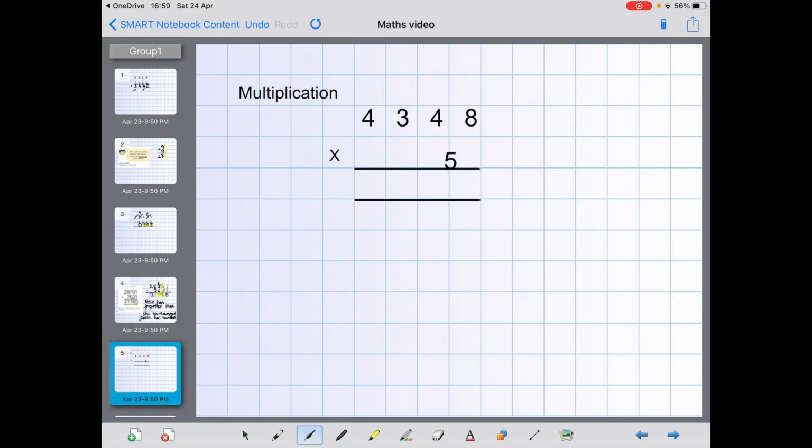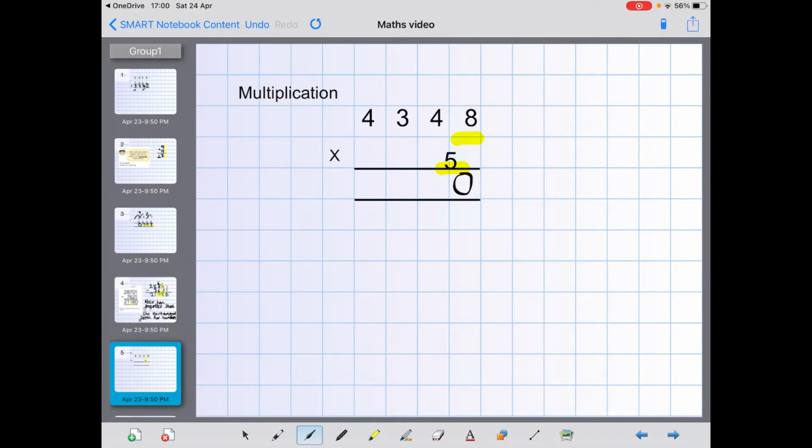So, in order to begin this, similarly to addition and subtraction, when multiplying, we will start at the lowest value. So we will start with our ones and multiply them first with our ones. We will then move along and multiply our ones by our tens, then by our hundreds, and then by our thousands. So 5 times 8 gives me 40.